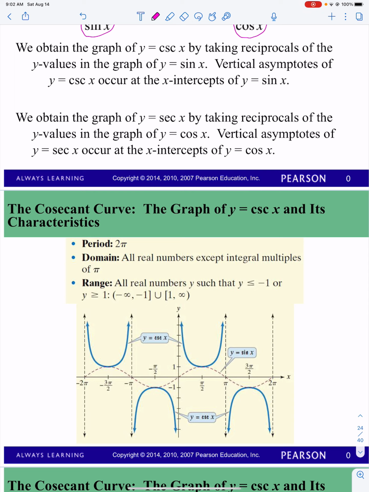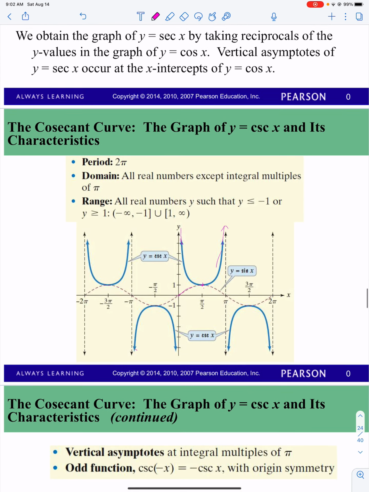So cosecant, because it's 1 over, when 1 over 0 goes to infinity, and 1 over 1 is 1. Yeah, so you will be able to draw the pictures. So it's like big U's on top of the sine.